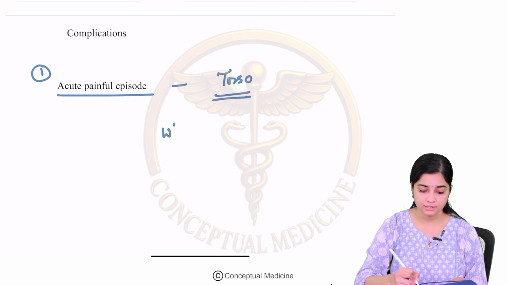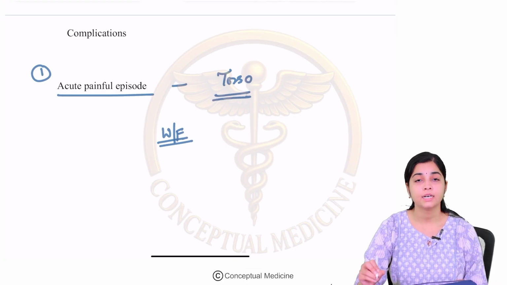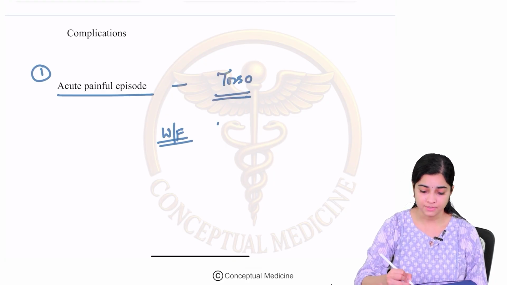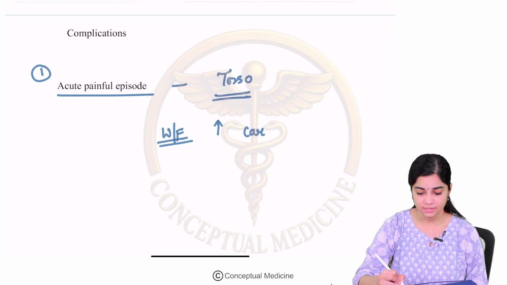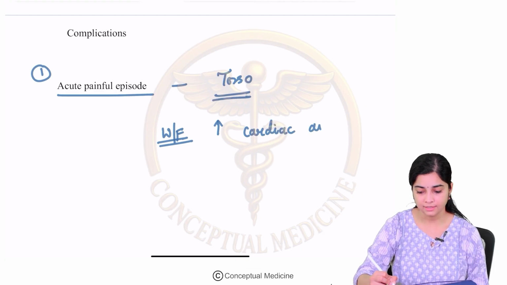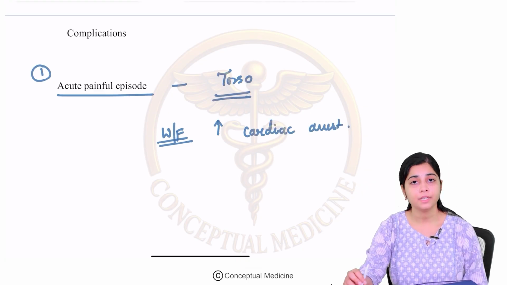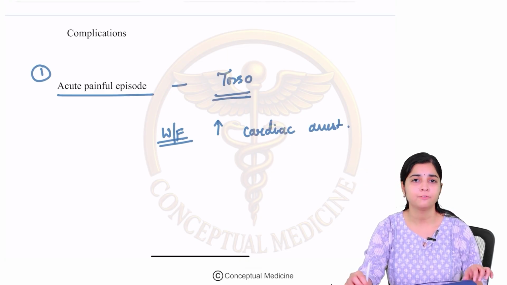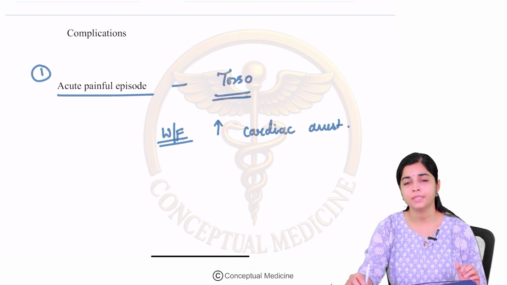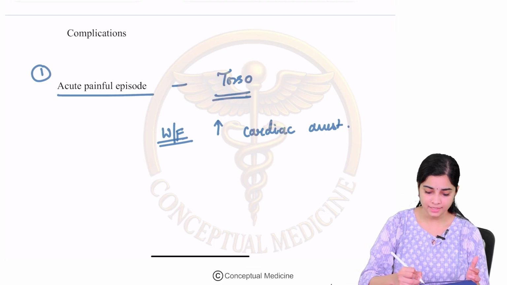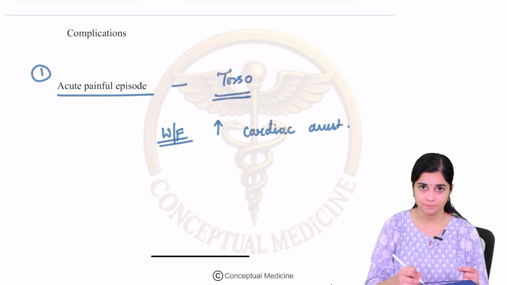But what is the thing that we have to watch out for? A severe acute painful episode can be associated with an increased risk of cardiac arrest, right? So, whenever a patient of sickle cell anemia presents to you with a severe painful episode, then you will have to admit him and monitor his vitals, monitor the cardiac rhythm, and keep him under care. So, how will you manage these severe acute painful episodes?